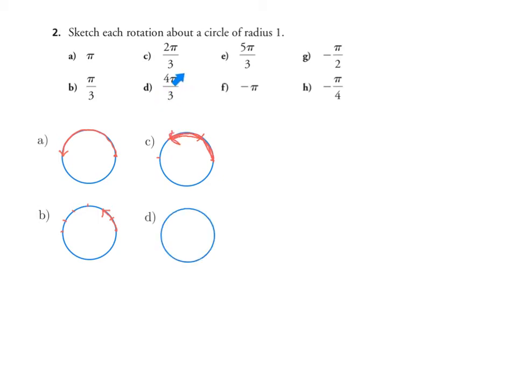So part D, 4 pi by 3, it's going to be basically the same thing. 1, 2, 3, and a 4th right here. 4 pi by 3, that's broken up into 6 times all the way around. 3 times to the pi, and then 3 times to 2 pi.